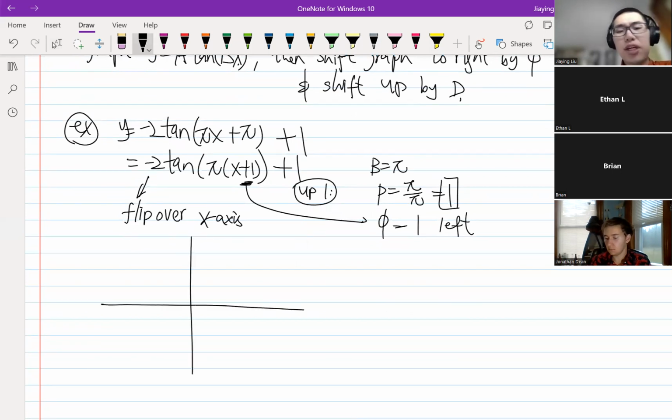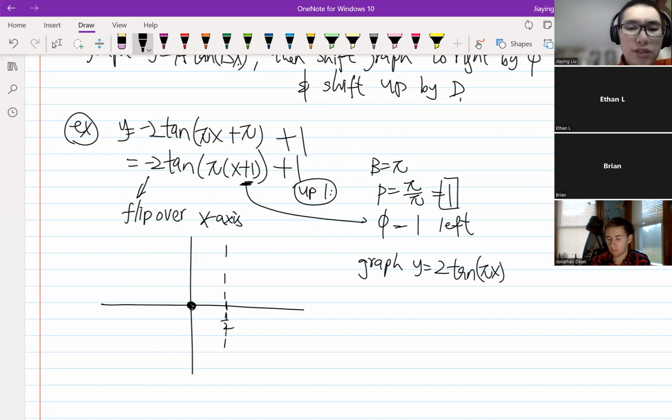So first thing I'm going to do is use the period, which is 1. That means we're going to graph y equals 2 tangent of pi x first, using the period that's 1. So at pi over 2, which is 1/2 here, we're going to have a vertical asymptote. So the vertical asymptotes are going to be at pi over 2 plus pi times k.